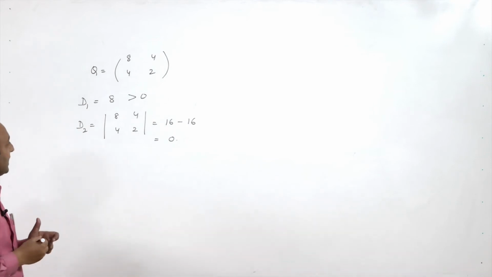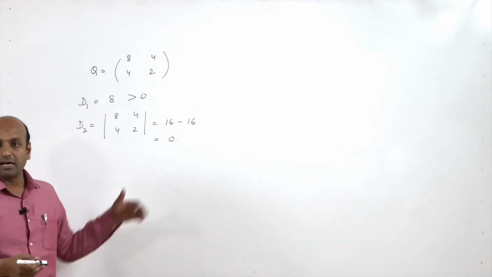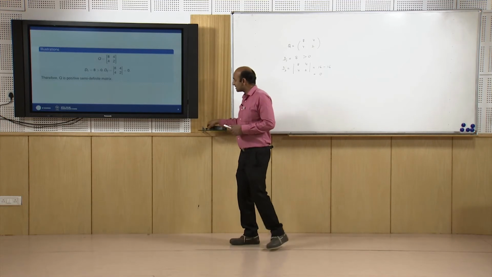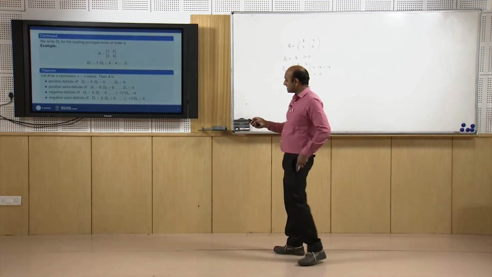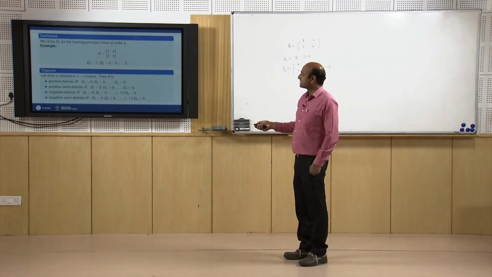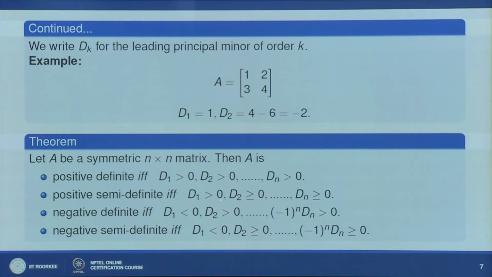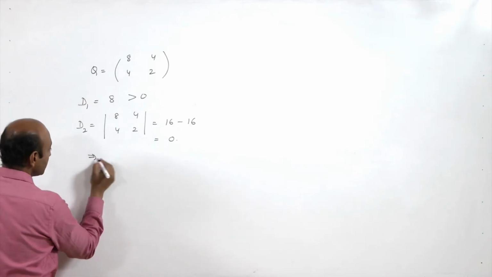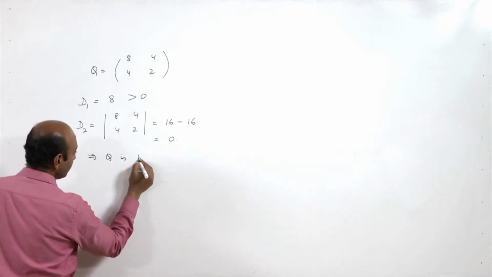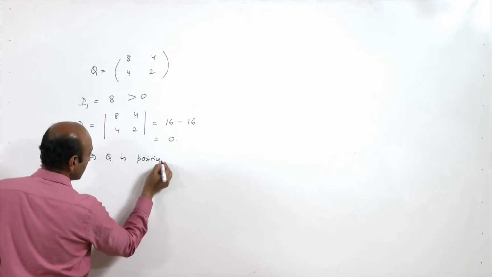So, D1 is strictly greater than 0 and D2 is equal to 0. That means, by this test we can say that it is positive semi definite, because D1 is strictly greater than 0 and D2 is greater than or equal to 0. So, this implies matrix Q is positive semi definite.